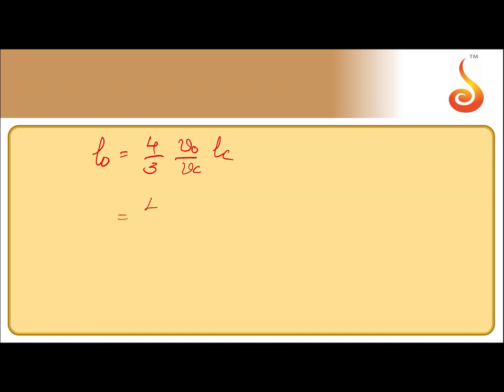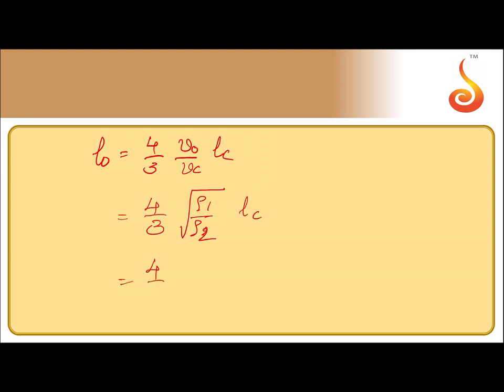That further becomes 4 by 3. You know, speed is inversely proportional to the square root of the density. So you can write this as the square root of rho 1 divided by rho 2, into the length of the closed pipe.